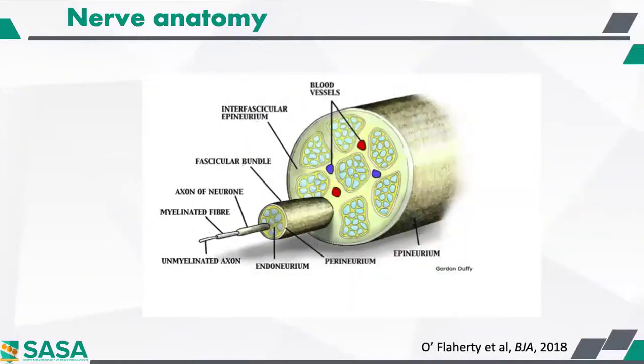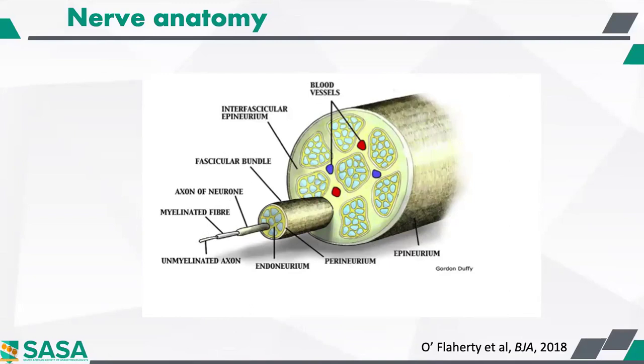Paying a little bit of attention to the actual anatomy of the nerve. So a nerve consists of what we call fascicles. The fascicles are bound by the perineurium. The perineurium is a protective layer around that bundle of fascicles. And the perineurium also serves as a barrier to local anesthetics.